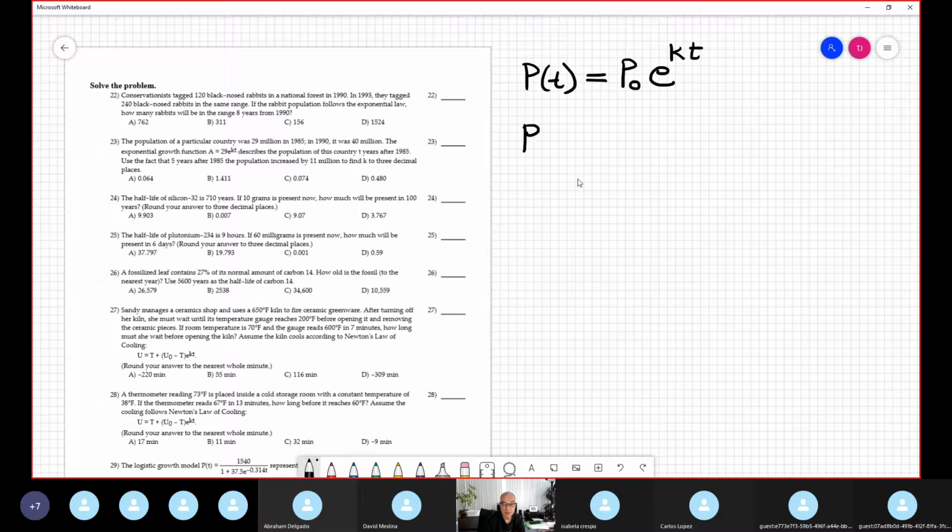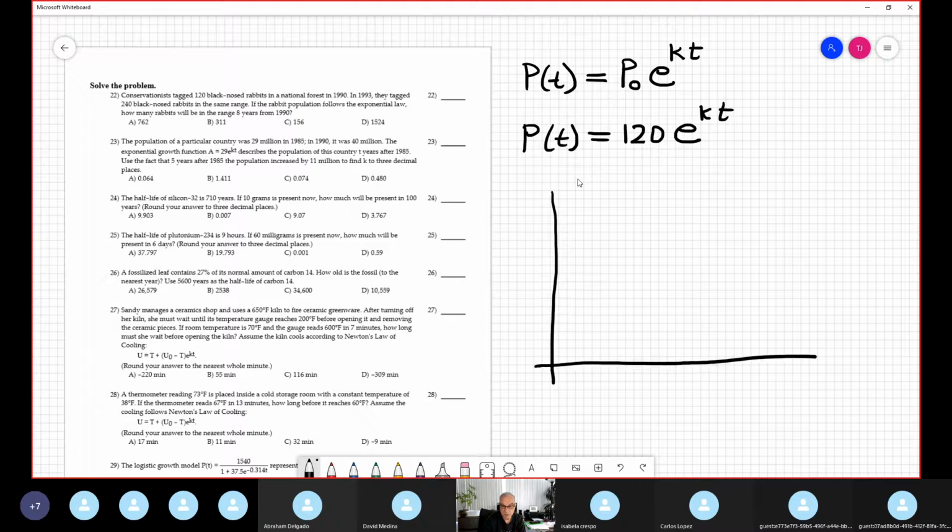So my specific formula is 120 rabbits at the beginning, at t equals 0, times exponential kt. But as always happens in that problem, we don't know k, we don't know t. Therefore, I need extra information. Okay, the problem says, let me try to make a sketch to understand this.